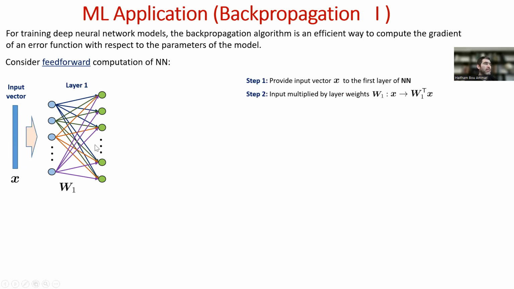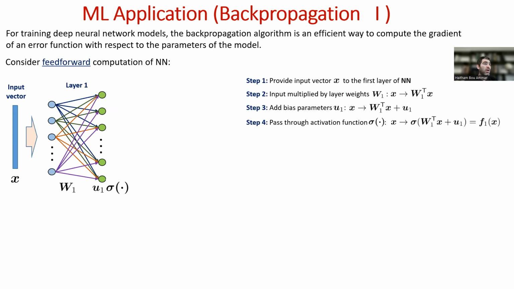So we take this input X, we pass that input X through that first layer, and as a result, as we previously showed, we have output, which is the product of the weight matrix associated with that layer transposed, multiplied by X. Then we add to this the bias vector U1 associated as well with the first layer of the neural network. And then we do a component-wise operation by applying the activation function to it.